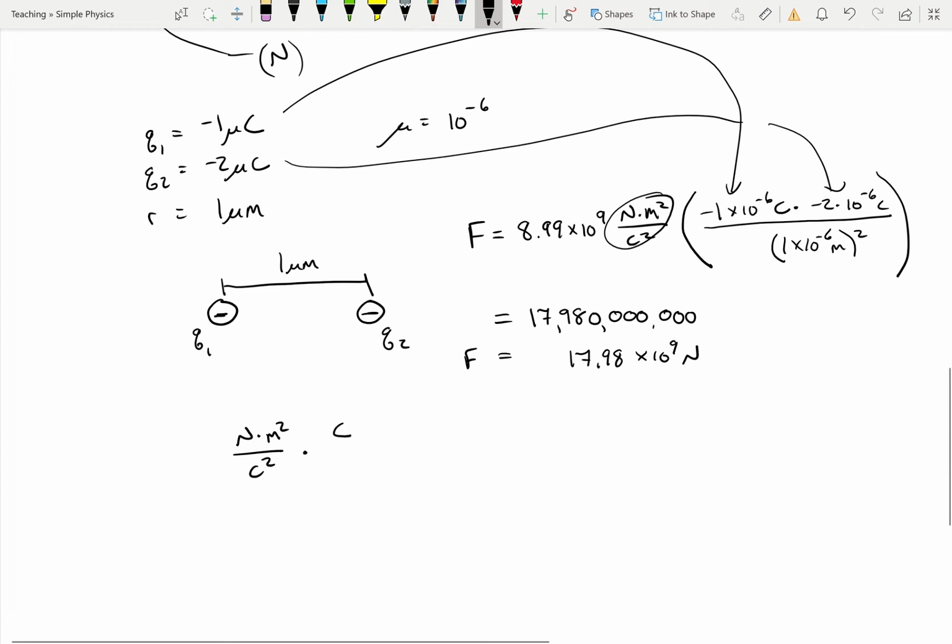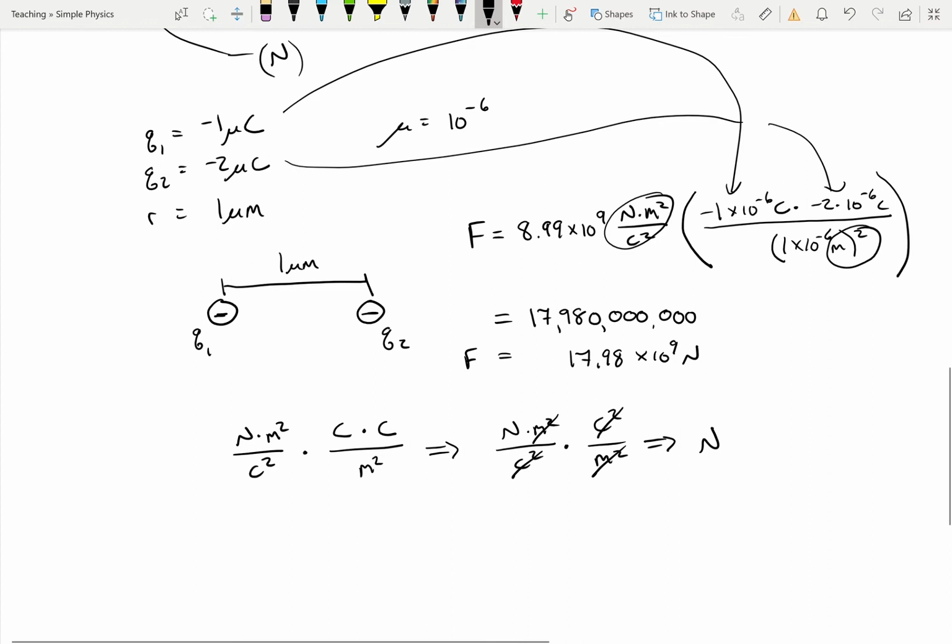Multiplied by some value of coulombs times some value of coulombs over meters squared. That gives us newton meters squared over coulomb squared times coulombs squared over meters squared. The coulombs cancel out, meters squared cancel out, and we're left with newtons.